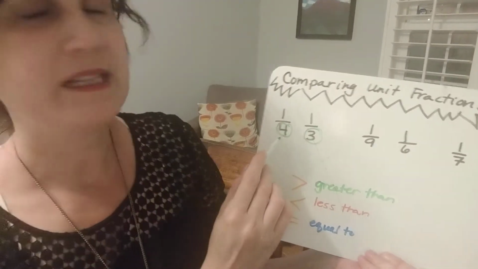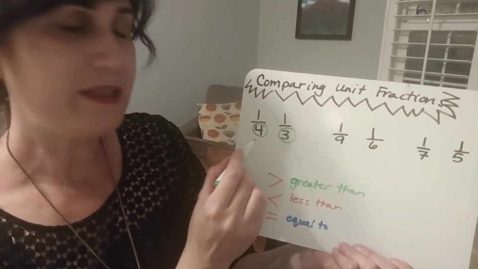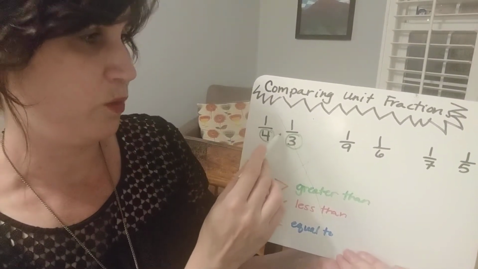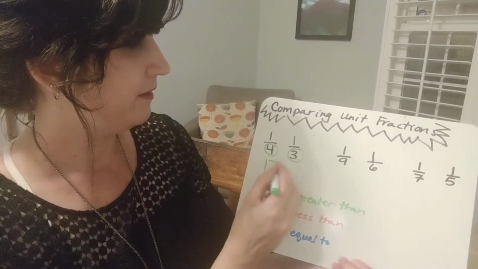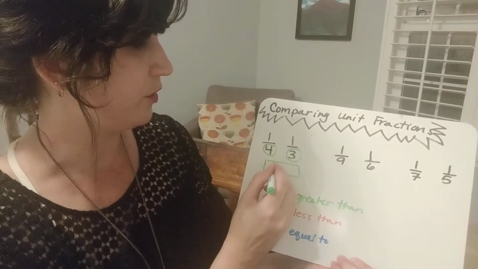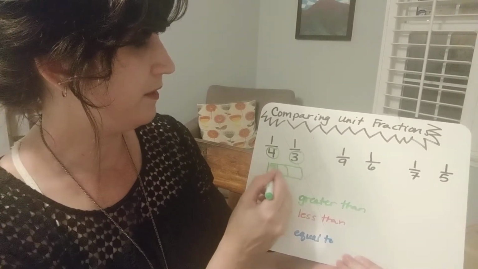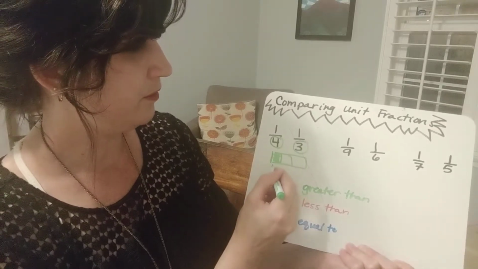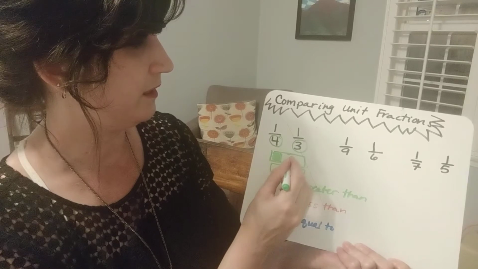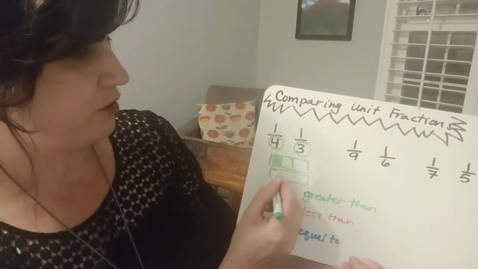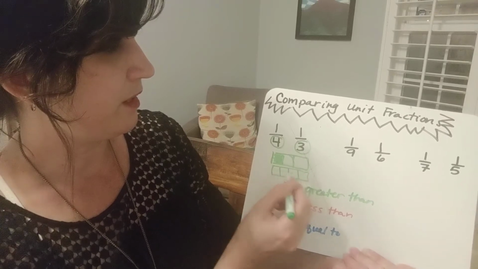Now looking at this, I might think, oh, 4 is bigger. So I think that I should say that 1/4 is greater than 1/3. However, if we were to draw a picture, this is 1/3, and we were to draw a picture for fourths, see how it's not perfectly done here, but there are 3 sections, and here there are 1, 2, 3, 4 sections.